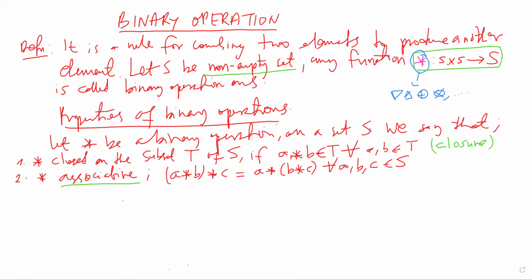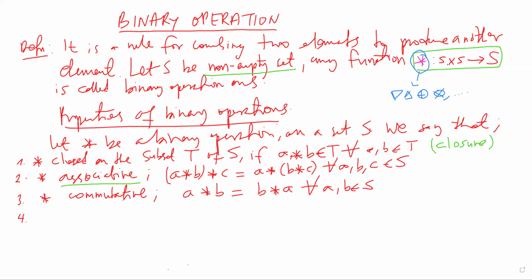Then, of course, you know a popular one as well, which is commutative. So these are properties of binary operation. Commutative: we say A star B is equal to B star A for all A, B in S.